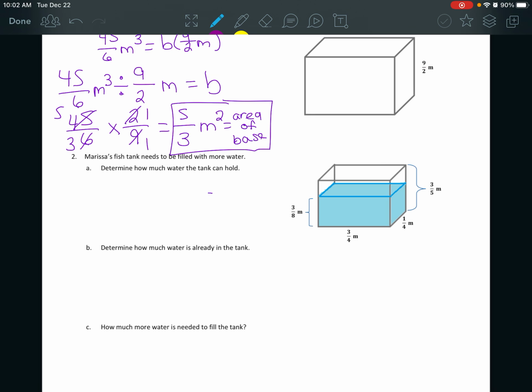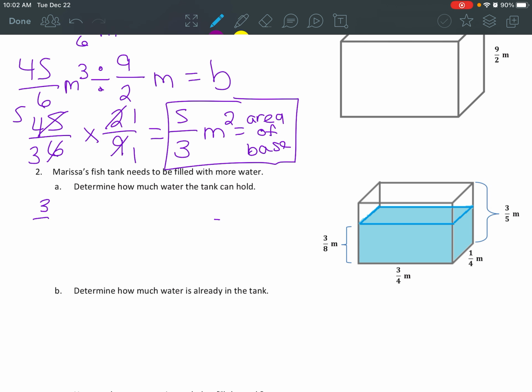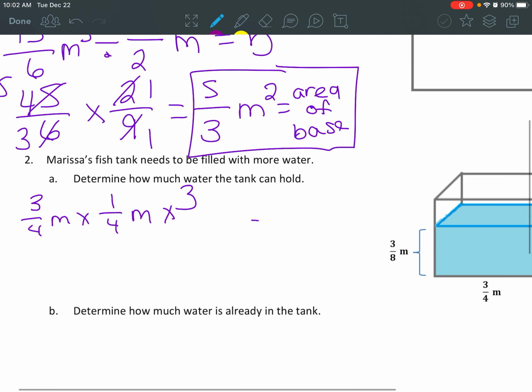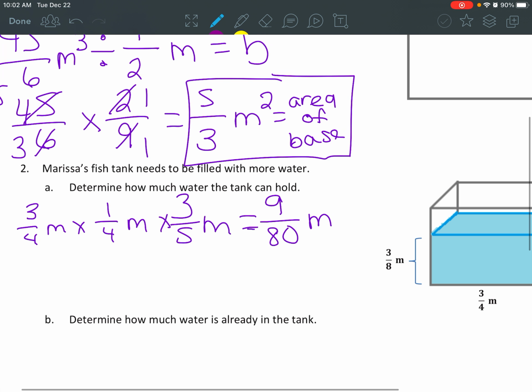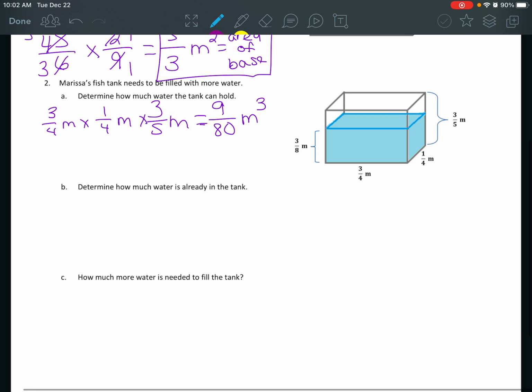So that would be 3/4 meters times 1/4 meter times 3/5 meters equals 3 times 1 times 3 is 9, and 5 times 4 is 20, times 4 is 80 meters cubed. Now determine how much water is already in the tank.